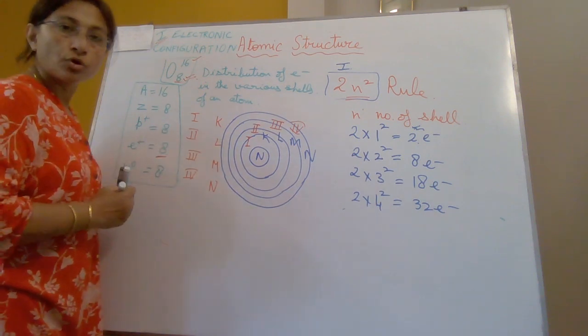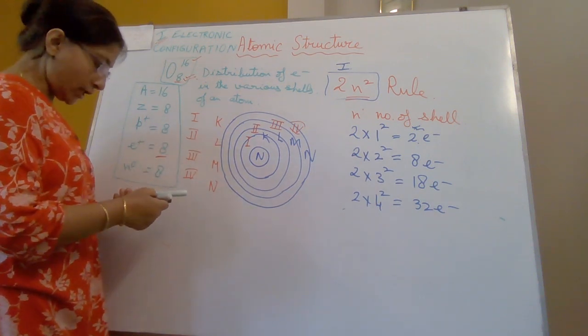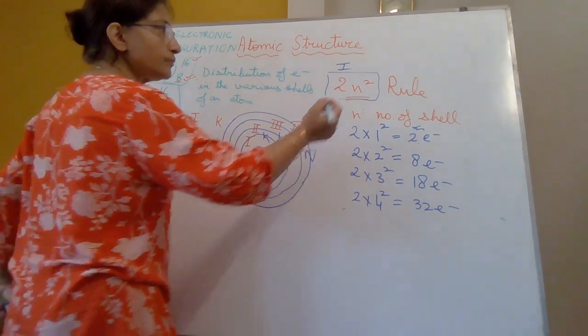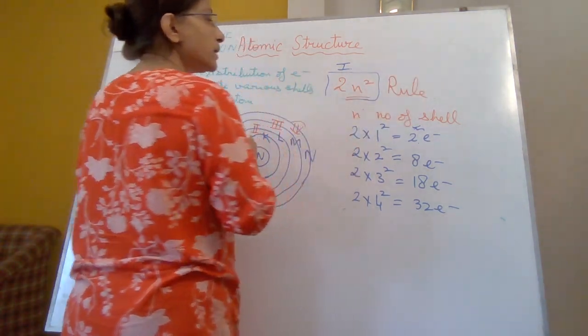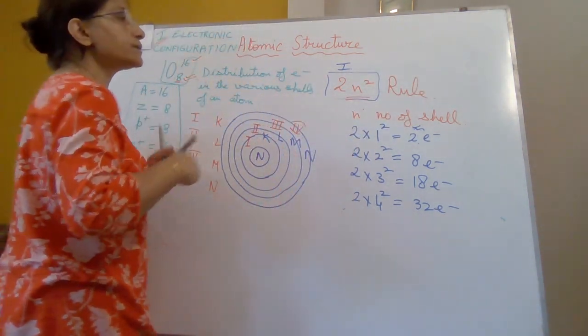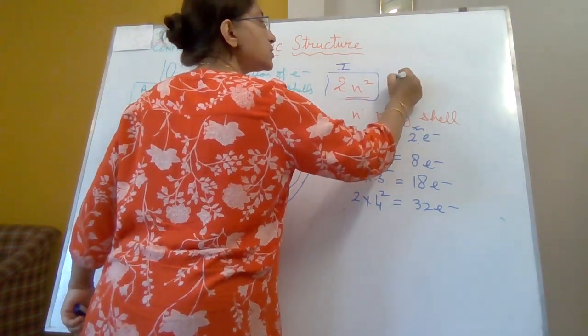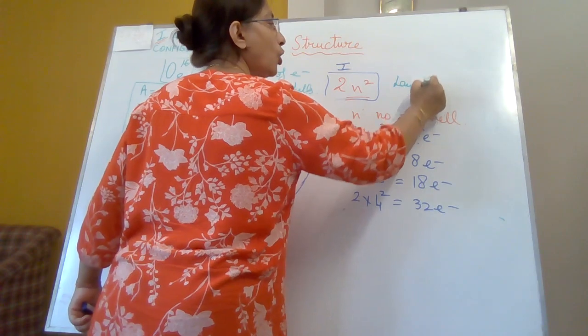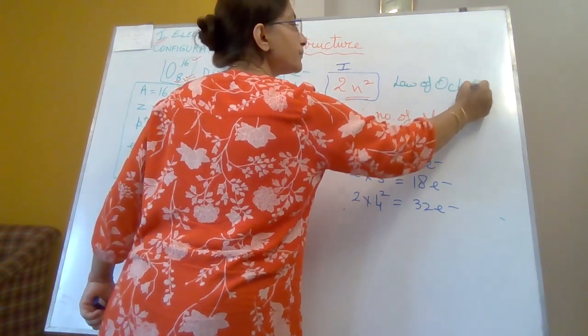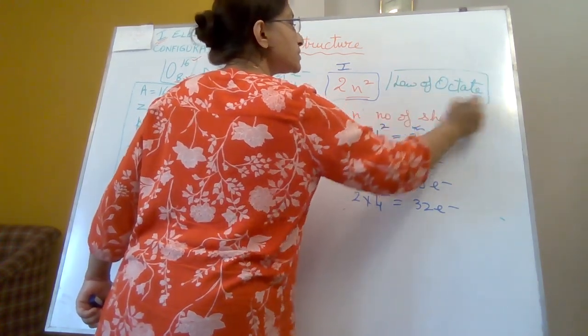After this comes your second rule, the law of octet. Now what does this rule say?